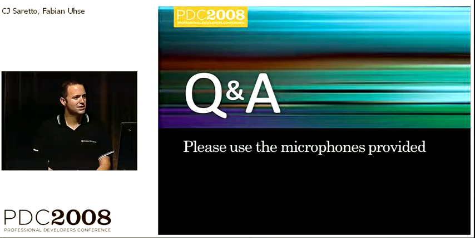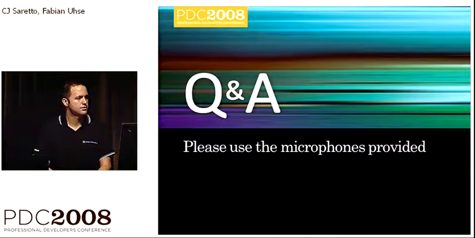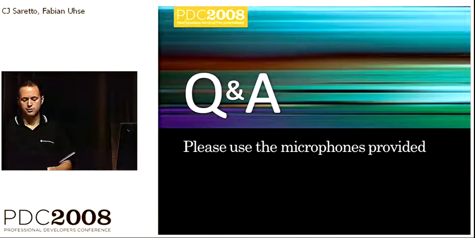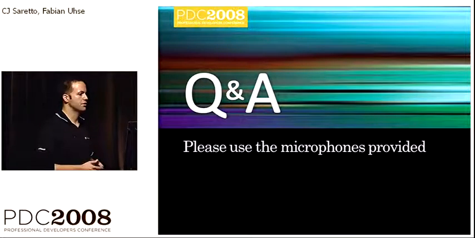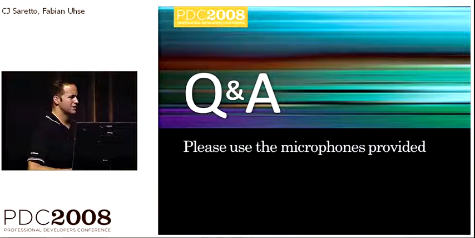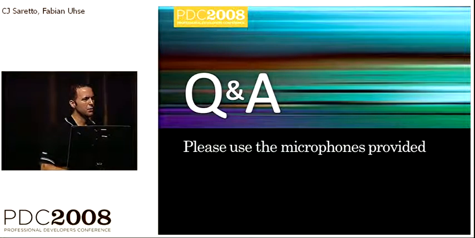Any other questions in the audience? Yes, sir. The media center, you showed the code for the add-in and for the client. What about the media center piece? How do you develop that? Media Center code is separated into two components.